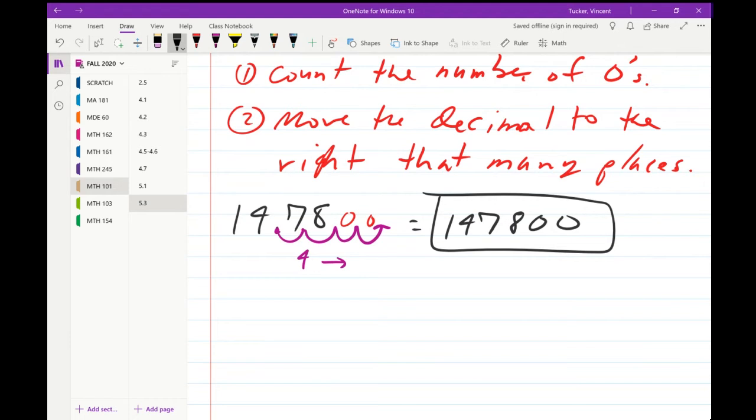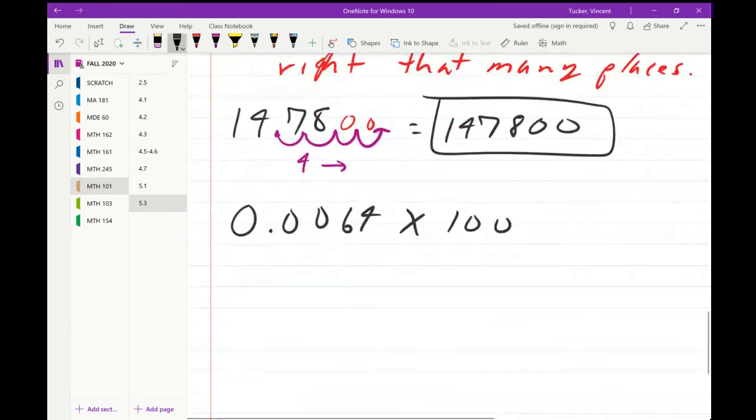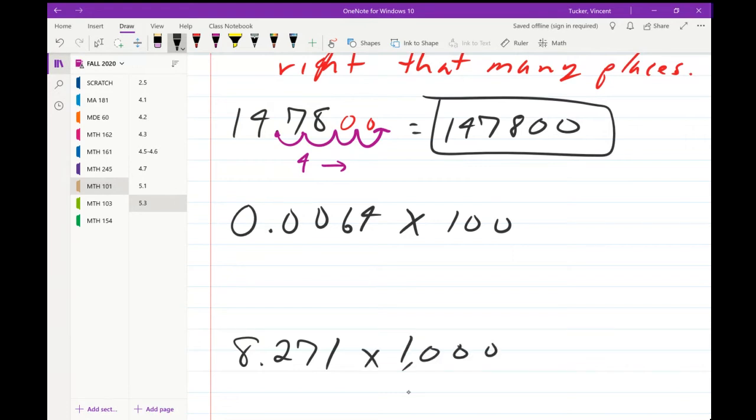All right, so 0.0064. We have two zeros, not decimal places, sorry, two zeros.